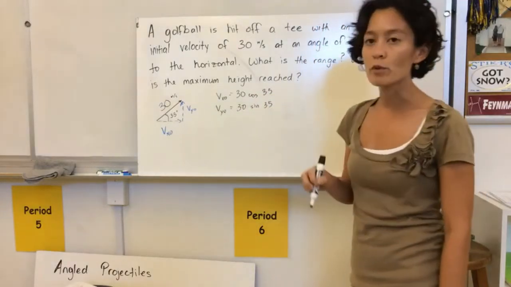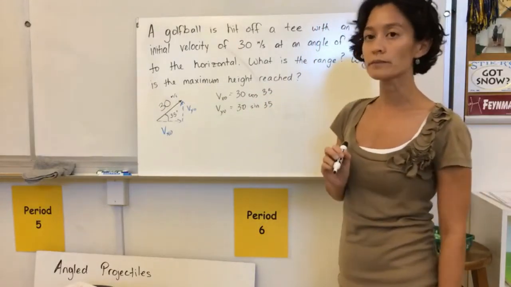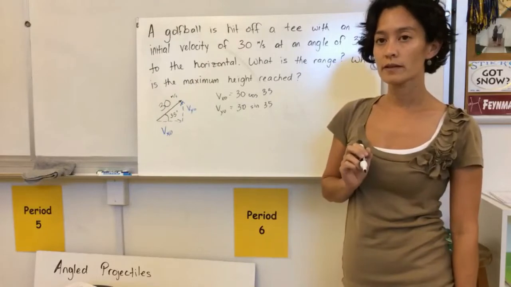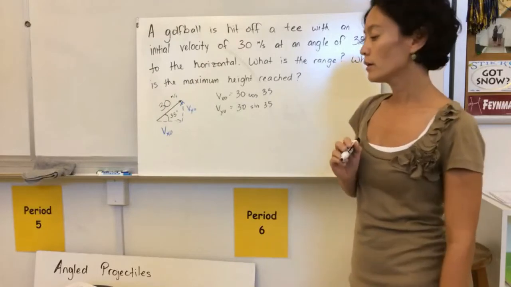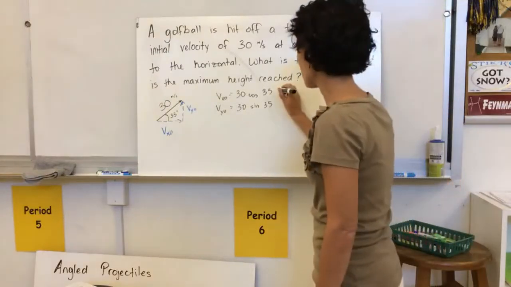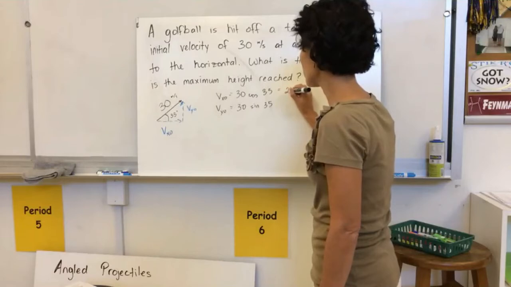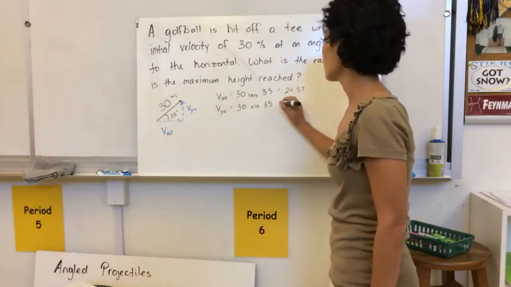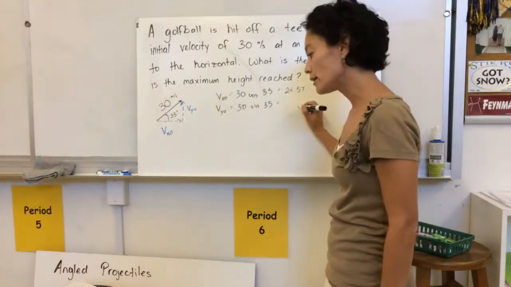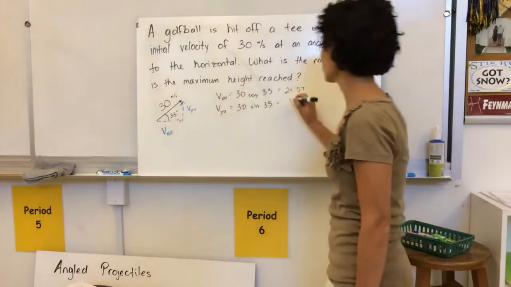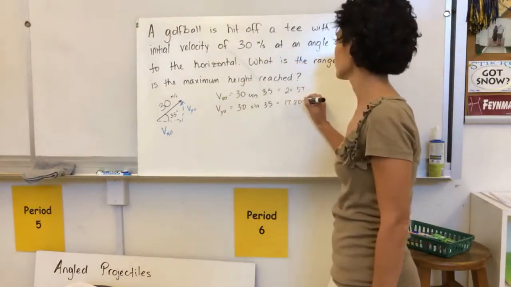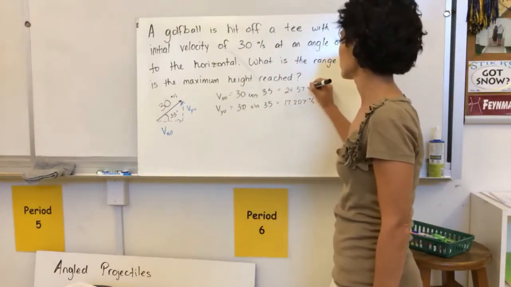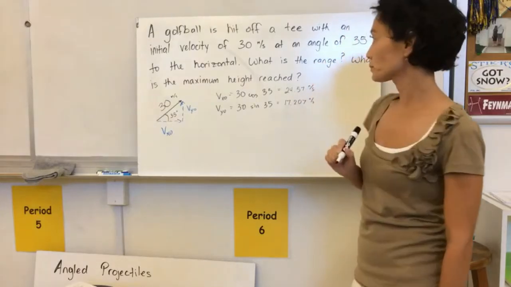I'll let you take a moment and calculate out what those values are. Okay, and so we should have gotten that our Vx naught value was 24.57, and then our Vy naught value is 17.207. These are meters per second.